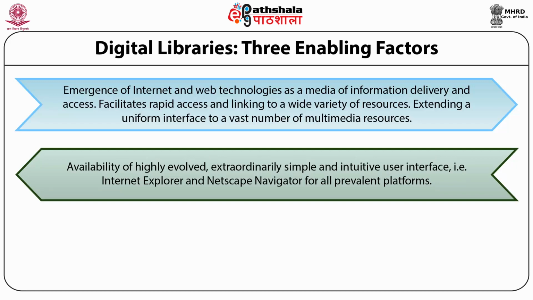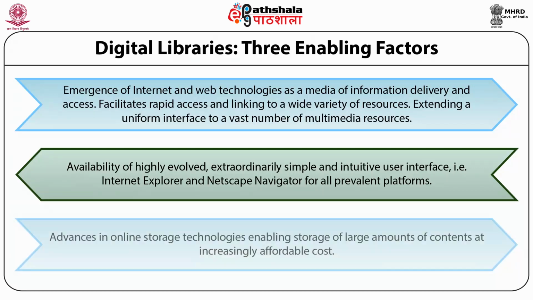Availability of a highly evolved, extraordinarily simple and intuitive user interface, that is Google Chrome or Internet Explorer, for all prevalent platforms. Advances in online storage technologies enabling storage of large amounts of content at increasingly affordable cost.